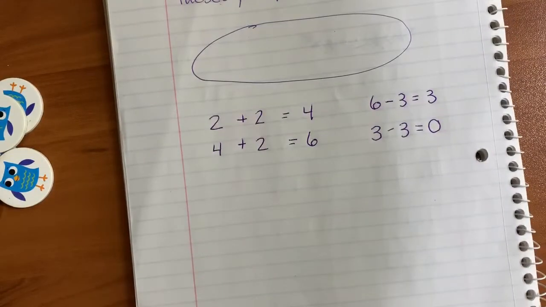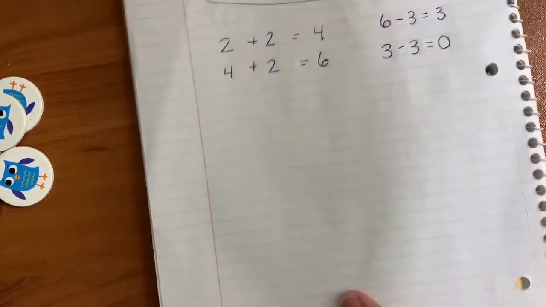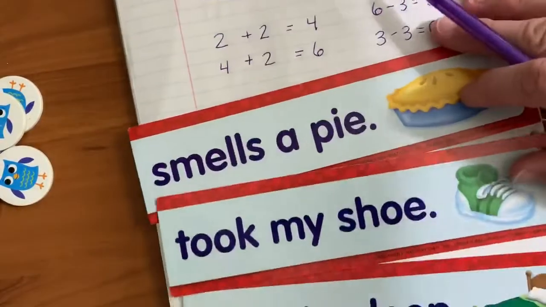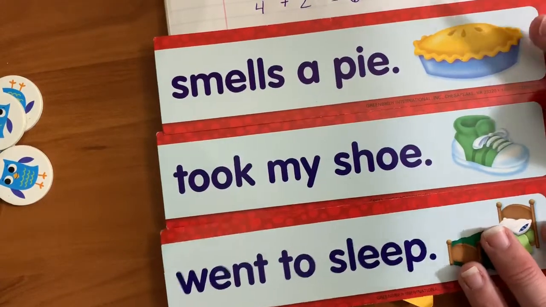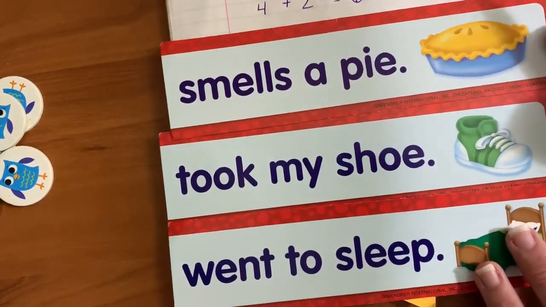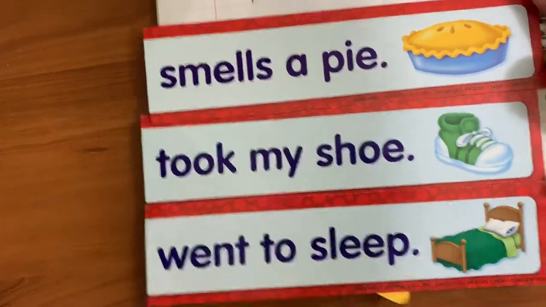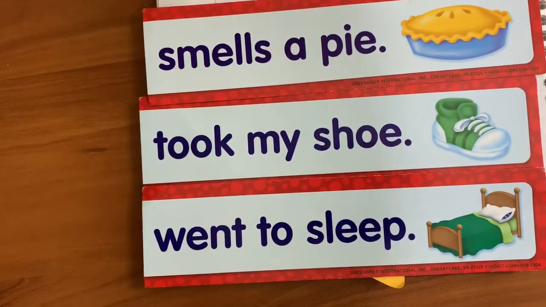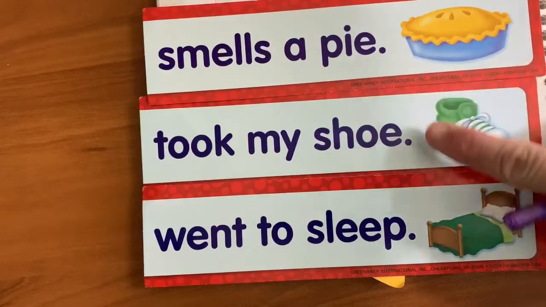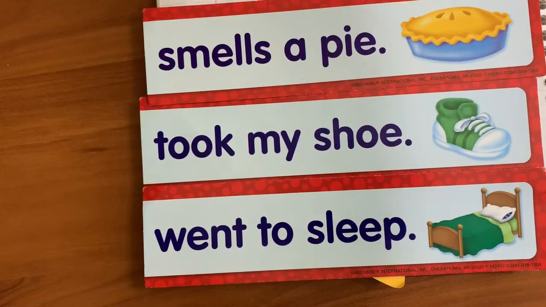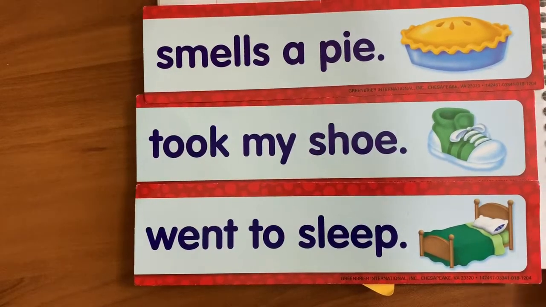For our sentences today, you might choose to do some sentence writing like these. I'm going to just give you 3 sentence endings. I know that these are sentence endings because they all start with a verb and they all end with a period. If I look at these 3 sentence endings, they're missing the who or the what that the sentence is about.